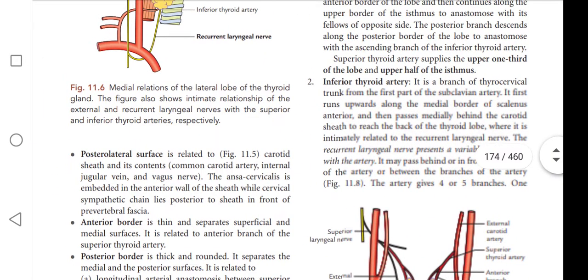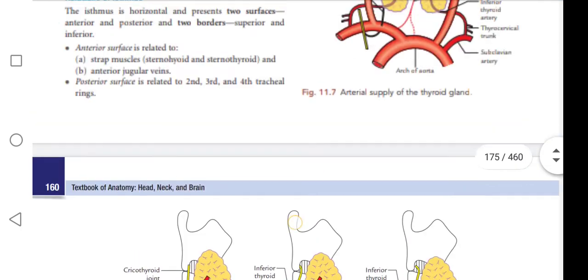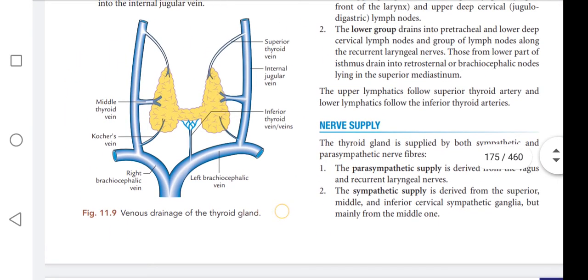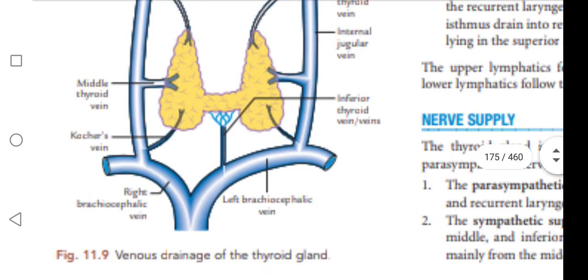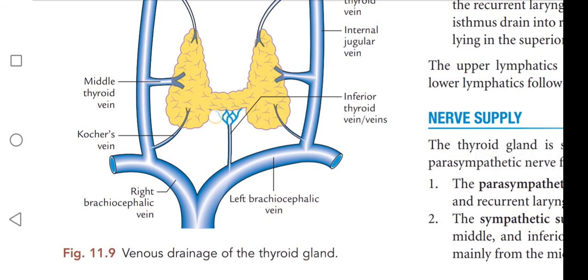And the vein, the inferior thyroid vein, emerges. Inferior thyroid vein emerges, okay.